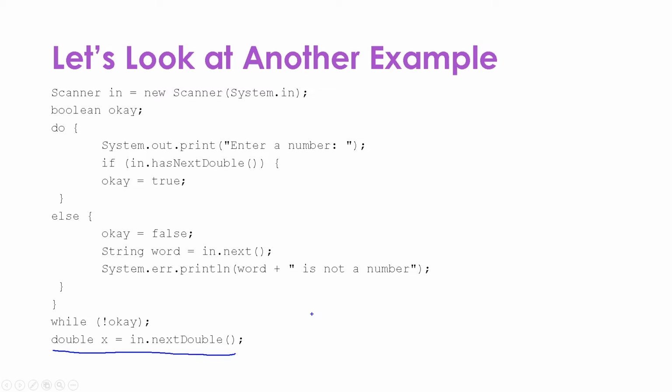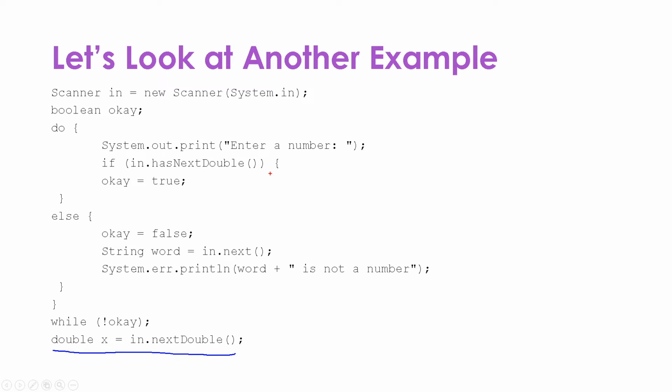But what if we don't get a double? What if we get something else? That's what we have our do-while loop for. The first half of our do-while loop is checking to see if our input is a double, essentially. So we have this if statement, if n dot has next double.